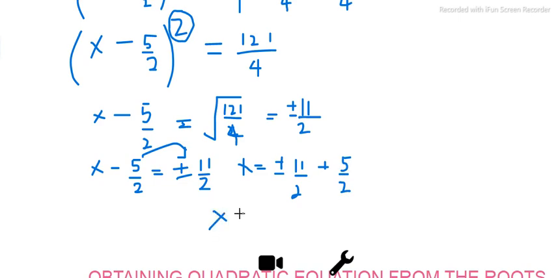We take the plus first, so that will give us plus 11 plus 5, all over 2 since the LCM is the same. For the second one, we split this plus and minus, so this will give us minus 11 plus 5 over 2.